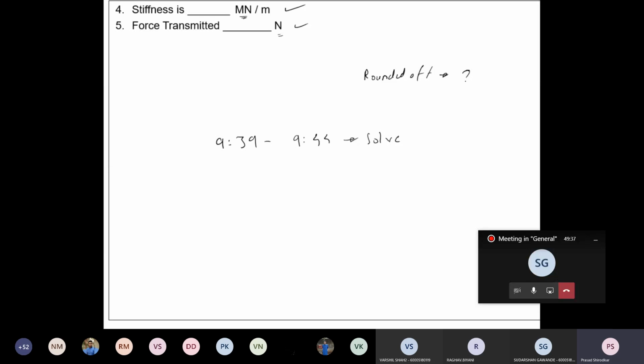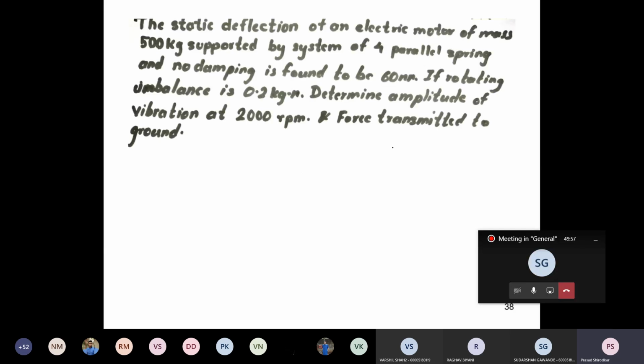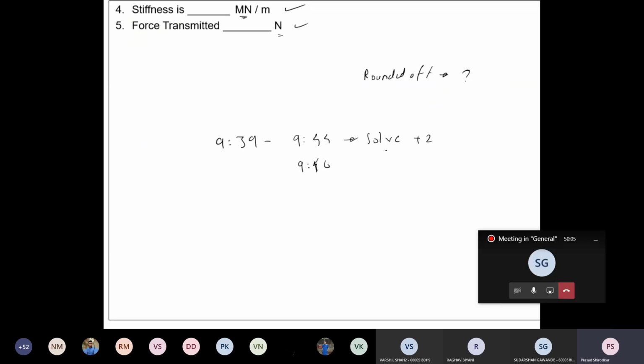Okay, one more minute. After that, we'll continue. 9:44 was the intended time, so 2 more minutes, that is 9:46. All right, let's continue with the lecture. Extra 2 minutes are already given. Can I continue? Is everybody done? Right, since there are no objections, I am assuming that everybody is done. So I will continue.